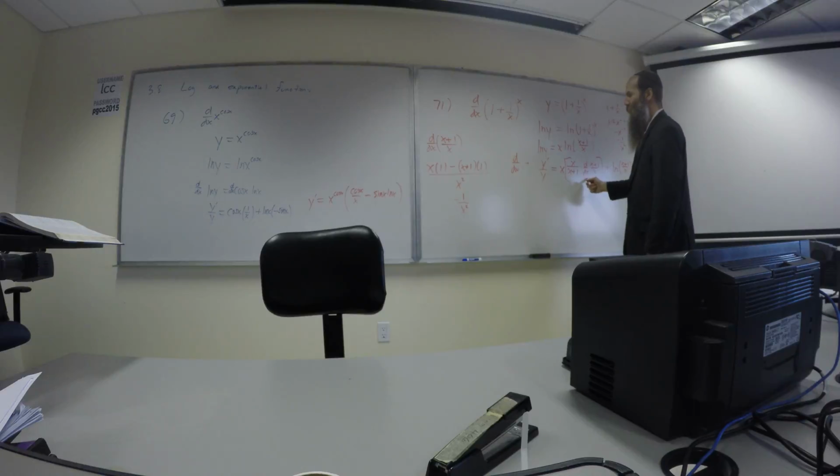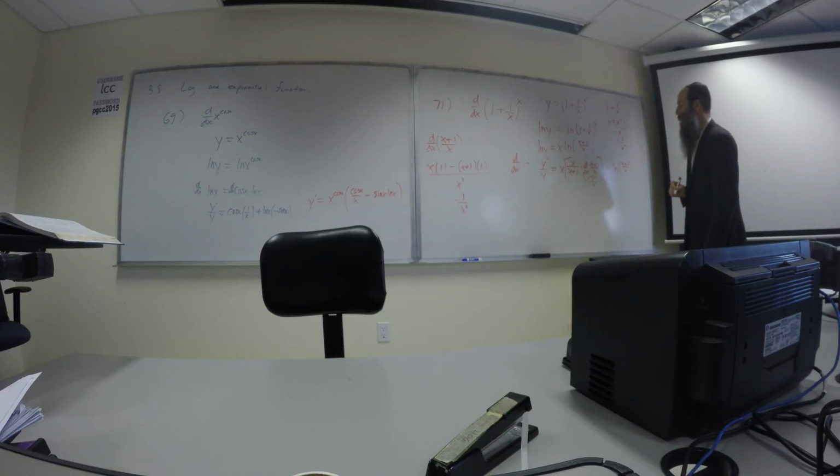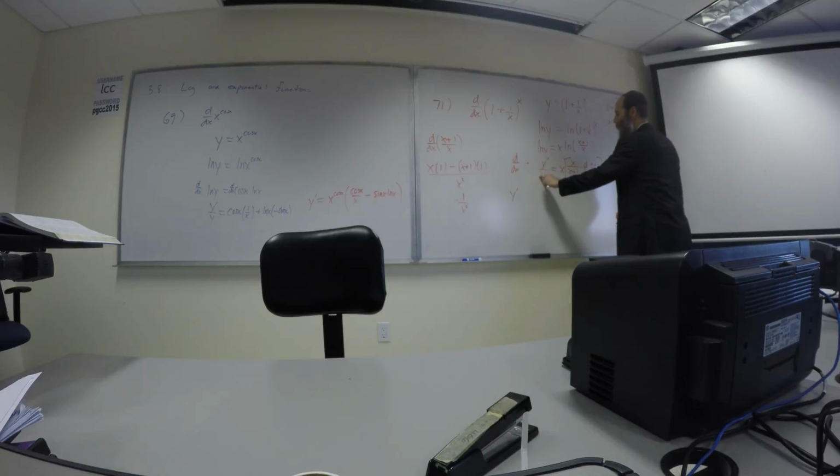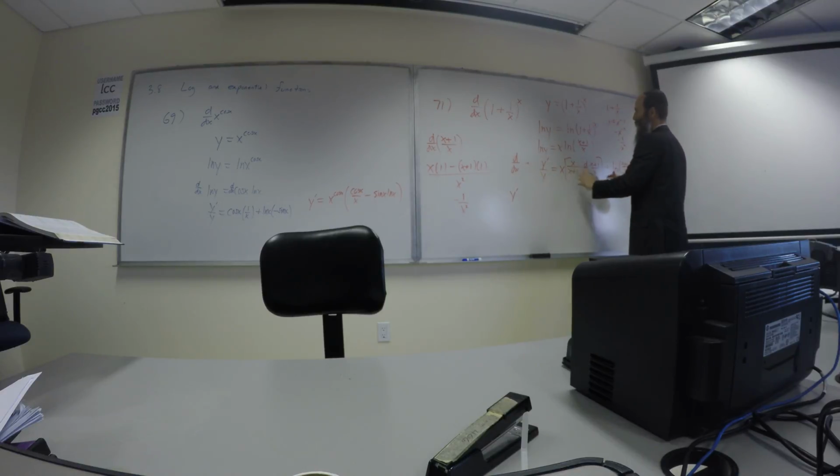Plug it in for this expression here, negative 1 over x squared. Y prime: I need to multiply by y over here. I'm going to multiply by y and put in the negative 1 over x squared, and then we'll simplify the whole thing.